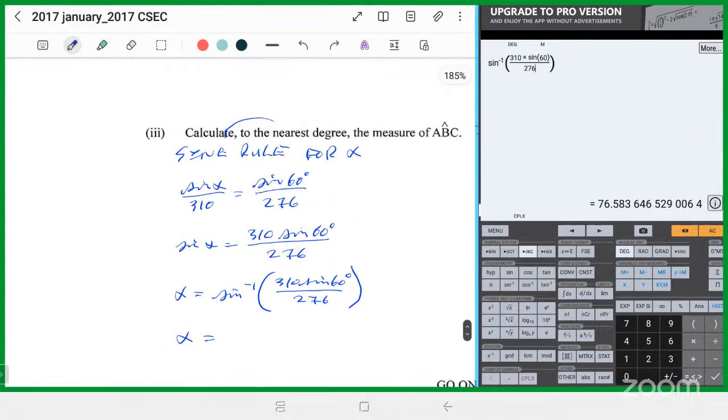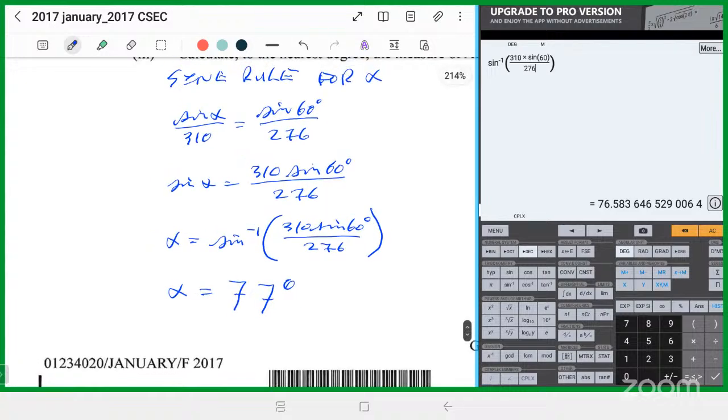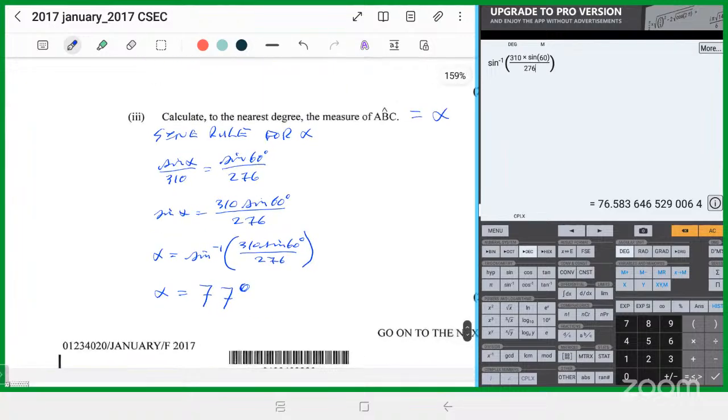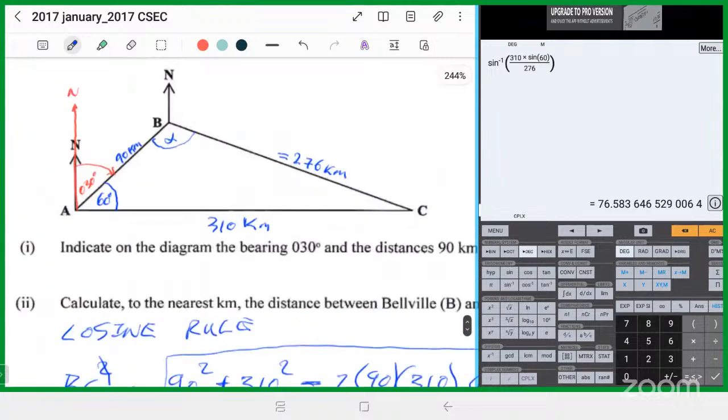It says to the nearest degree again, so I'm going to put 77 degrees. To the nearest degree, you don't put any decimal. 77 degrees. That is it. Alpha is 77 degrees, angle ABC. Let's put on the diagram 77 degrees. So this angle right here is 77 degrees.